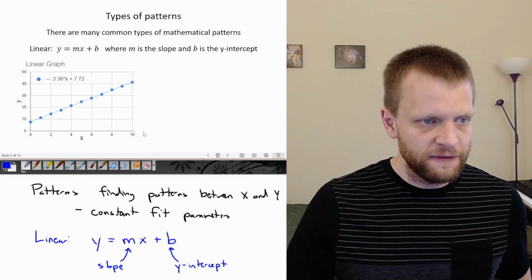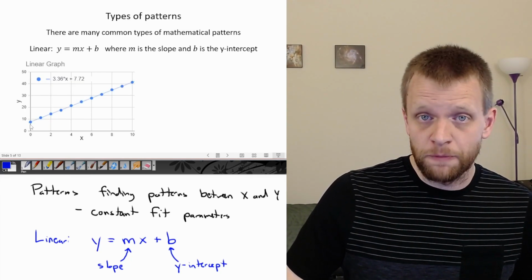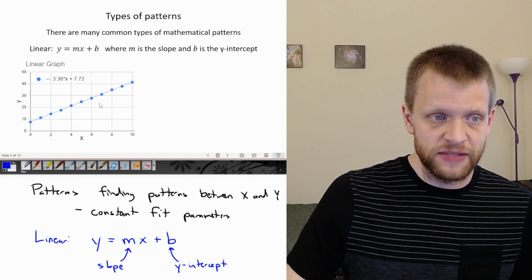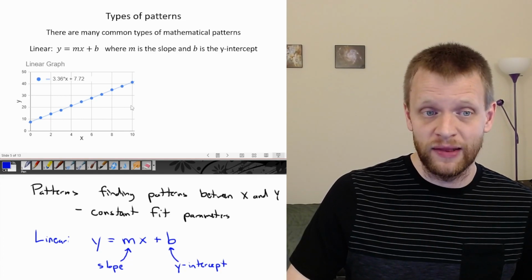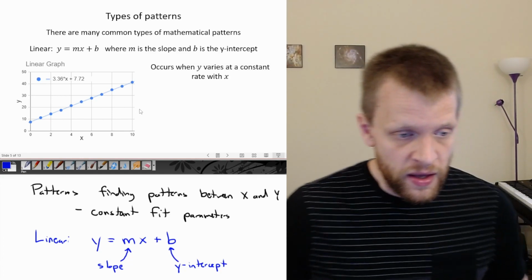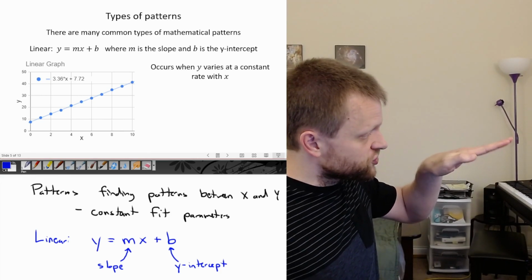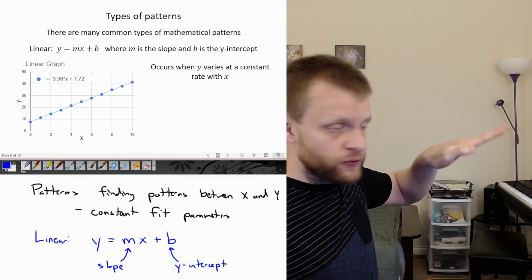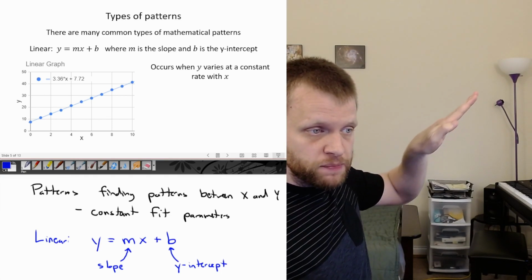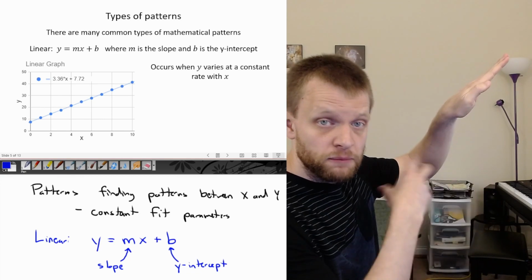So if we were to graph this, that linear pattern, all of my data seems to make a straight line. The slope represents how steep that line is. If we have a positive slope, that line should be going up as you read the graph from left to right.